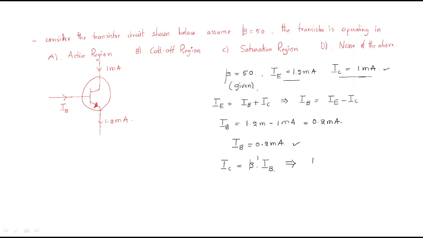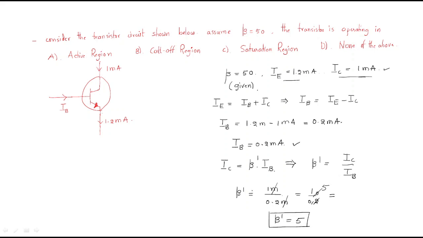Then beta dash value equal collector current by base current. So beta dash equal the collector current value 1 milli and the base current value 0.2 milli. By solving this we will get 1 by 0.2, which means 5. Then beta dash equal to 5.